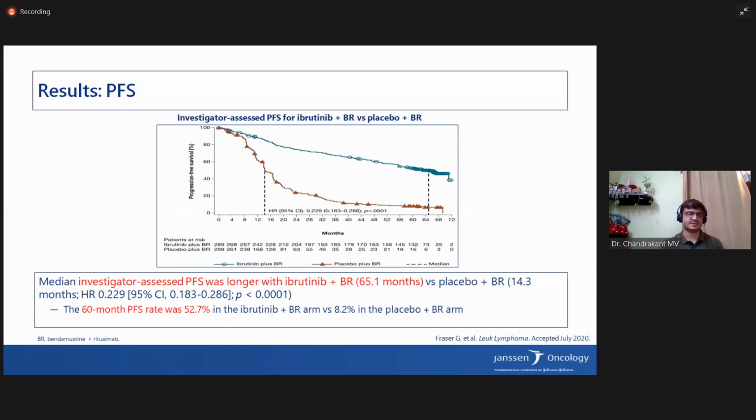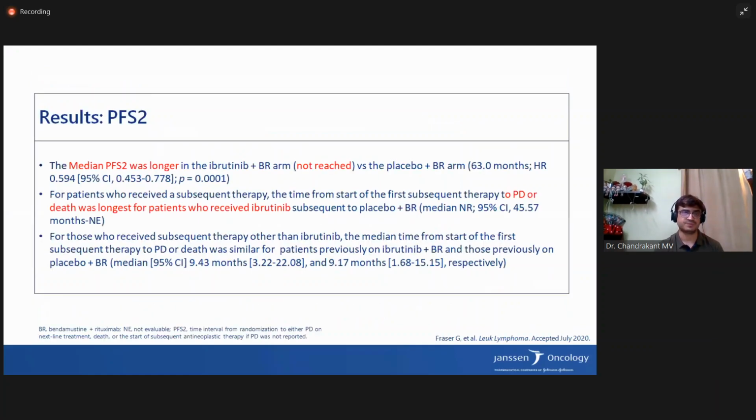And even in this study, the moment you put ibrutinib with B plus R, it is superior to B plus R alone. Median investigator assessed PFS was better with ibrutinib plus B plus R in the relapsed refractory setting compared to B plus R alone. 14.3 months was the median for B plus R, and it was 65.1 months with ibrutinib, which was statistically significant, and the hazard ratio being 0.2.